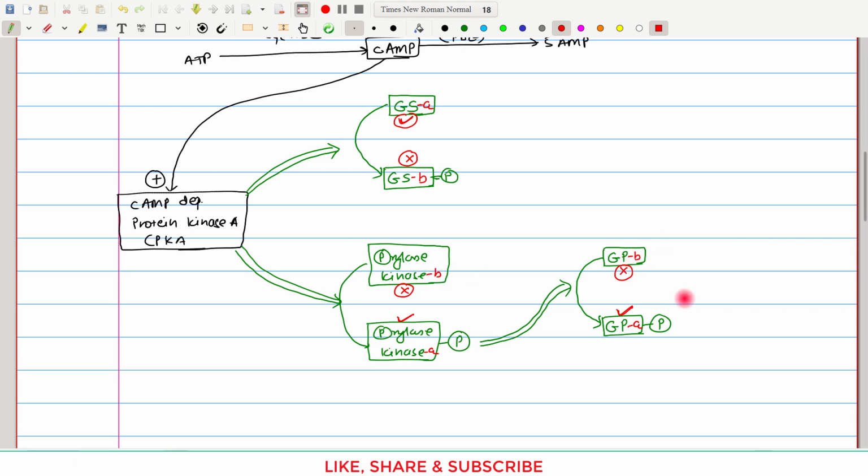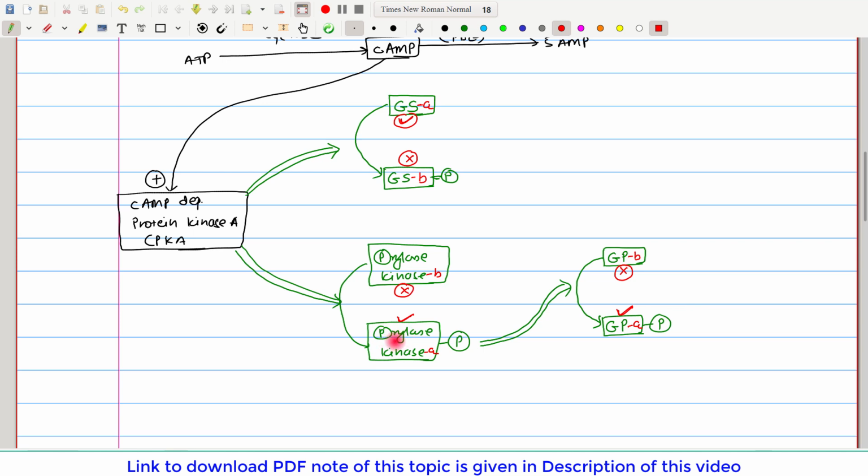Now many times students find it very difficult to memorize which form is active, phosphorylated or dephosphorylated, for a particular enzyme. So for that, I have one very short and simple trick. As far as glycogen metabolism is concerned, whenever there is a "phospho" in the name of any enzyme, it will be active in the phosphorylated state.